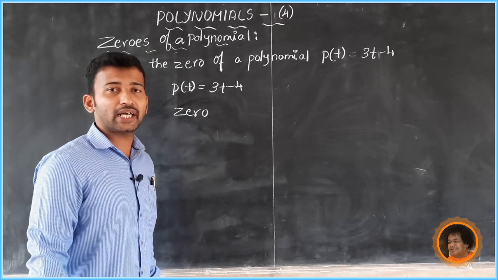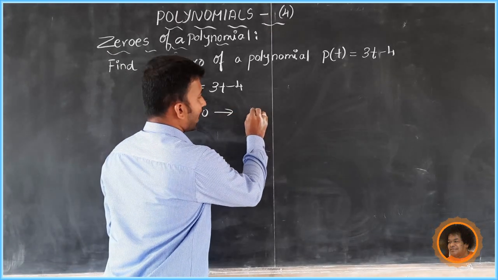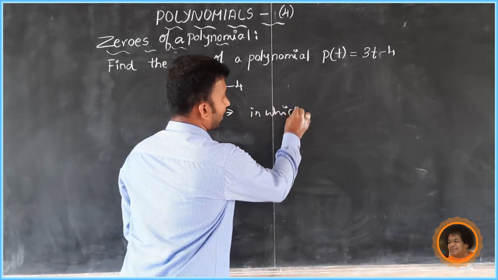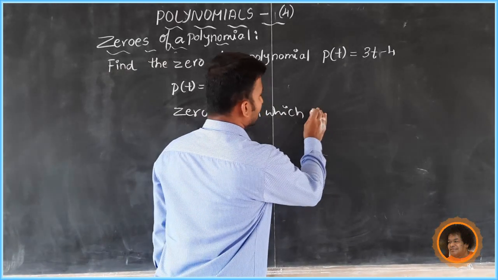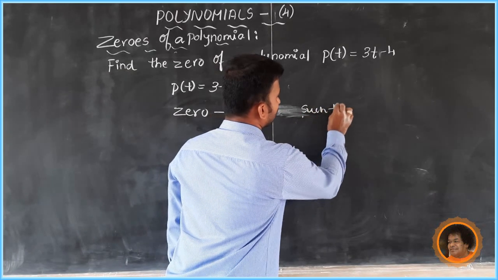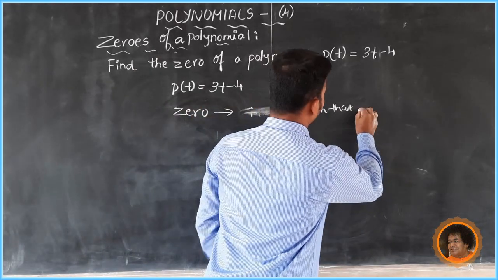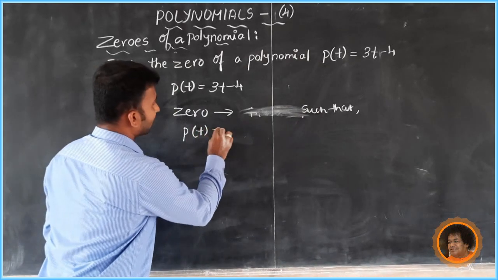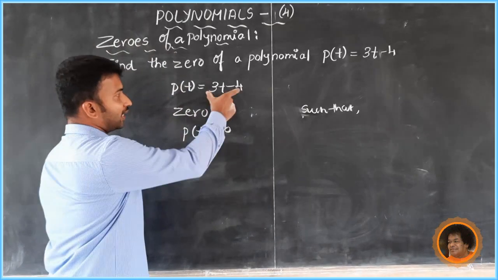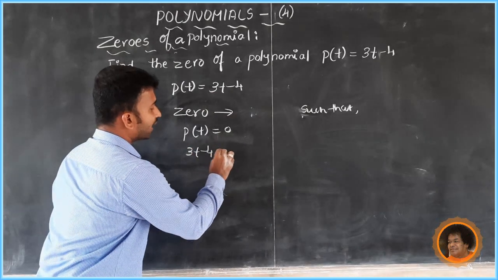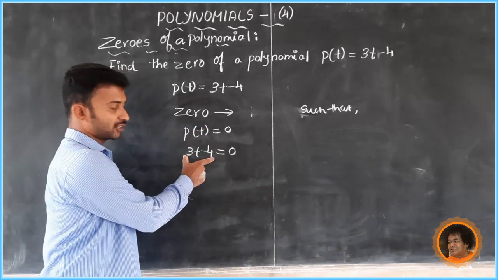What is the zero of the polynomial? The zero of the polynomial is the value at which the polynomial becomes 0, such that p of t is equal to 0. p of t is equal to 3t minus 4 is equal to 0.